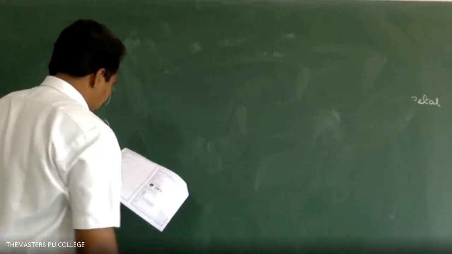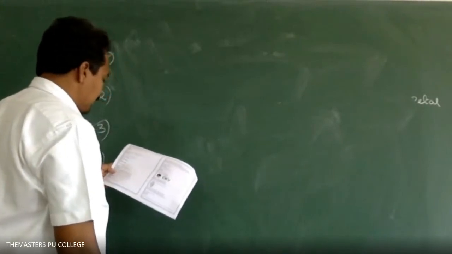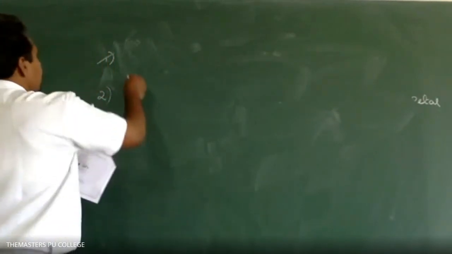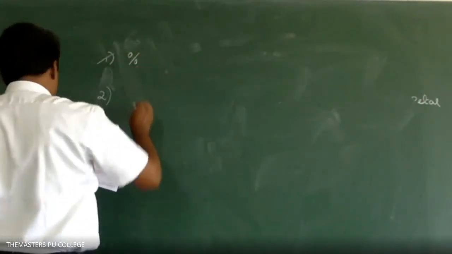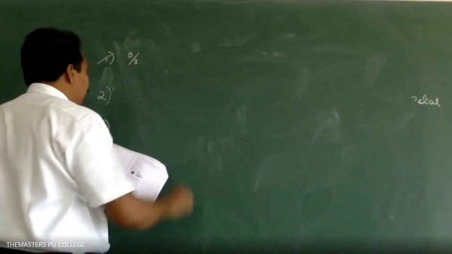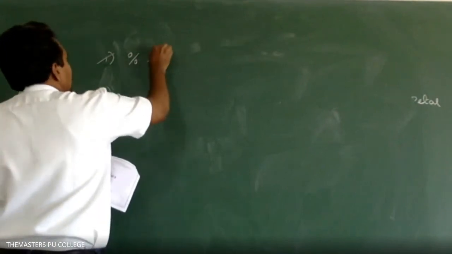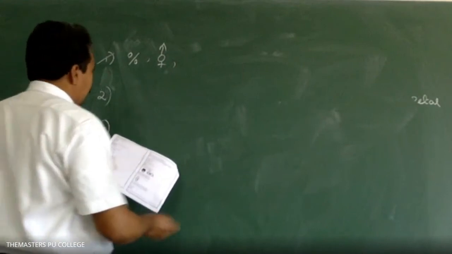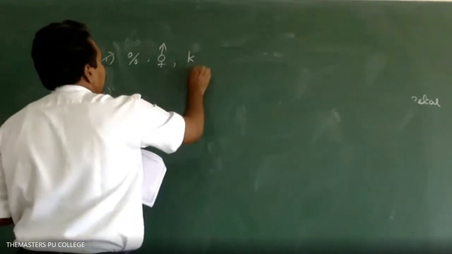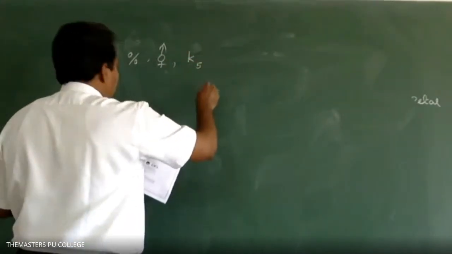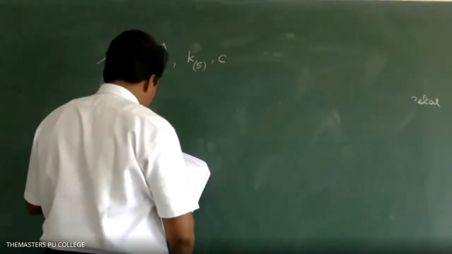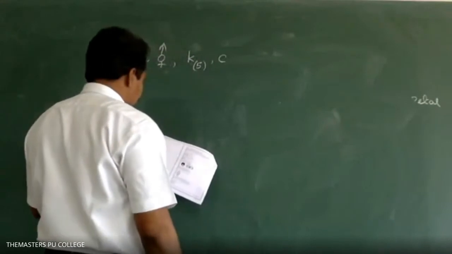The next question, question number 106. The correct floral formula of soya bean. Option 1 is percent, that means zygomorphic flower. Bisexual flower. Calyx consists of 5 sepals fused. Corolla consists of 5 petals.